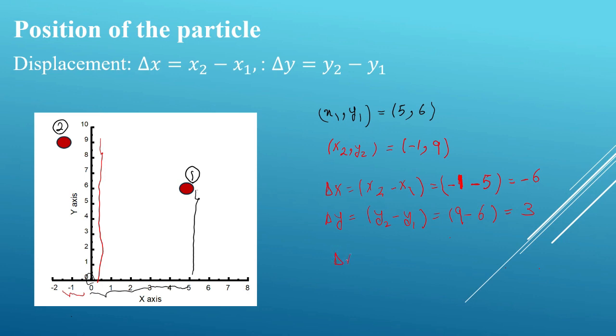So the displacement is going to be delta x and delta y, minus 6 and 3. So the trick for the displacement in the negative axis is this part. They're going to be subtracted, not added together. So be careful about this part here.